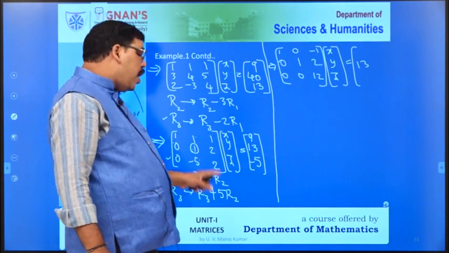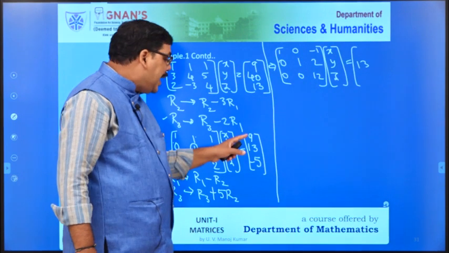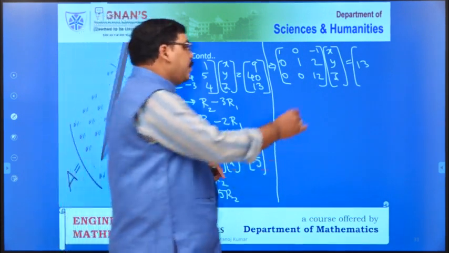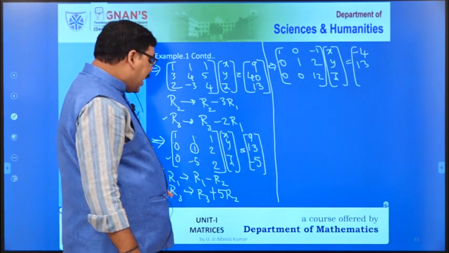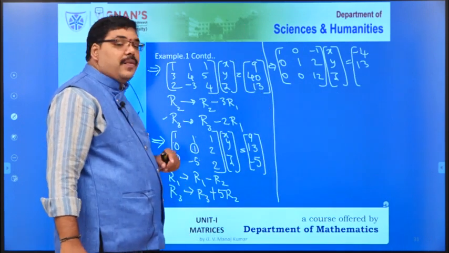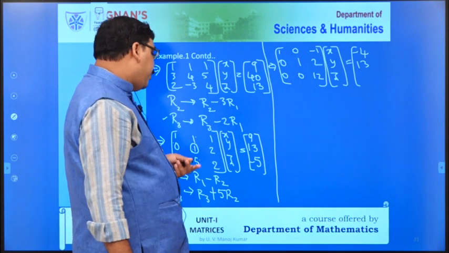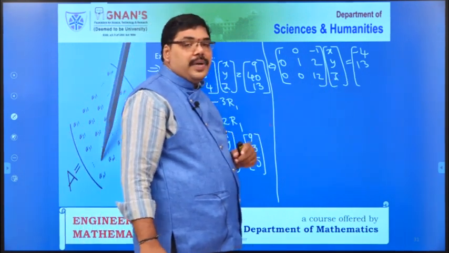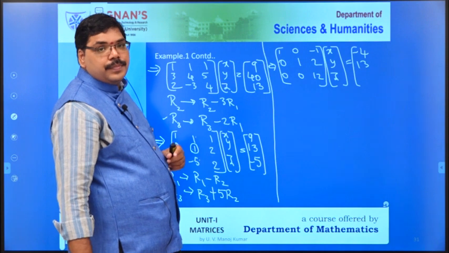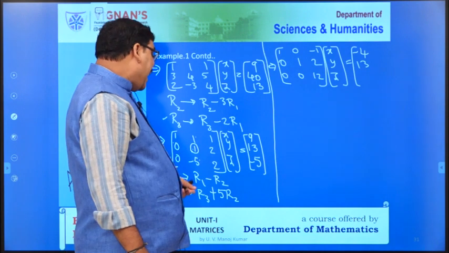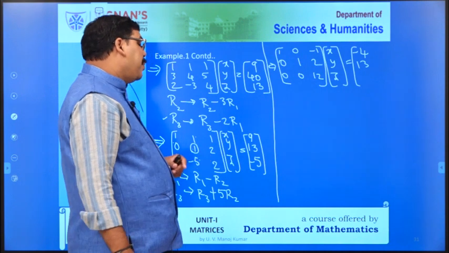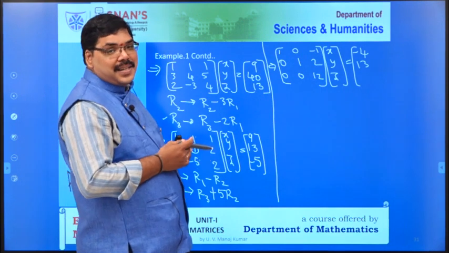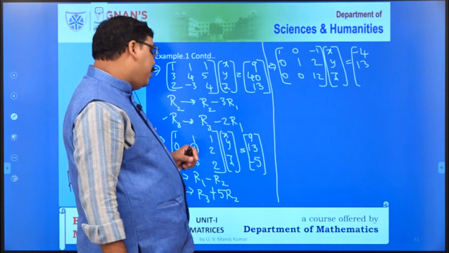R1 is changing into R1 minus R2: 9 minus 13. R3 changes to R3 plus 5 R2. Multiply R2 with 5, 13 into 5, and then add to R3. What is the existing R3? Minus 5. So what is the result? 13 into 5 minus 5.